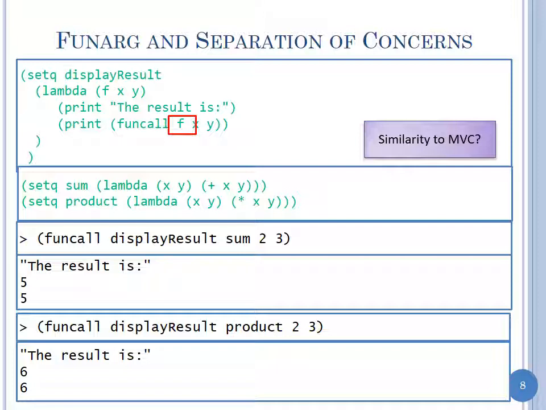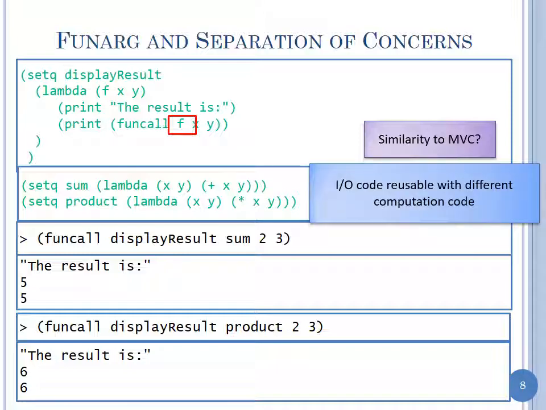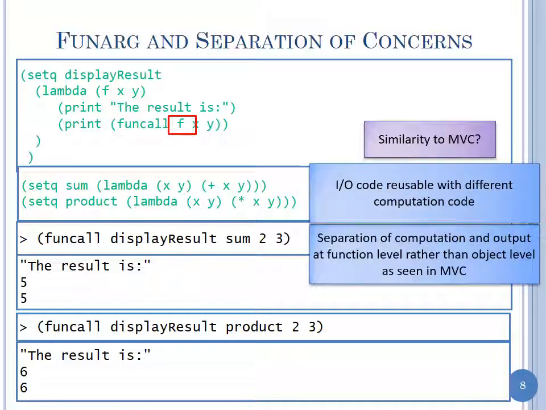This I/O code is oblivious to how the computation is done, and we're just passing that as an argument. The I/O code is reusable with different computation code. So this is separation of computation and output at the function level rather than at the class or object level.